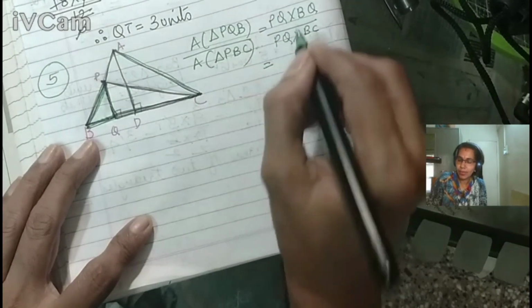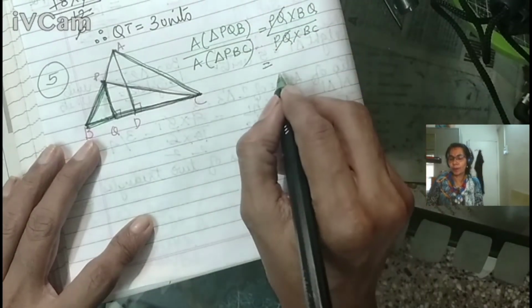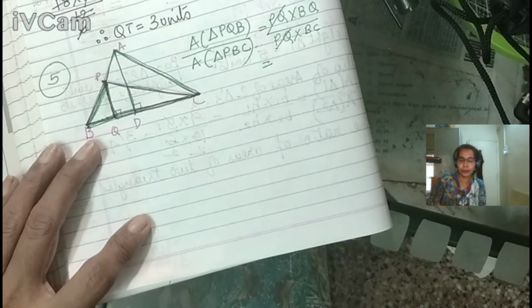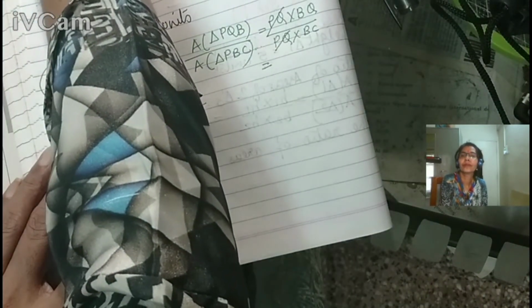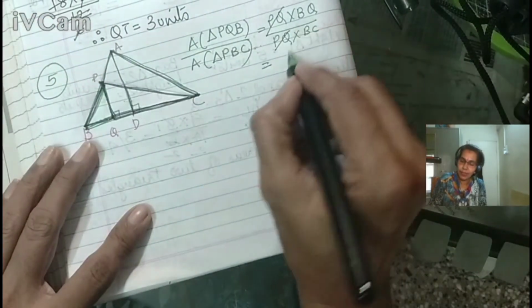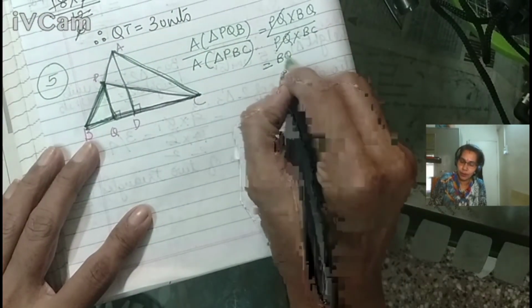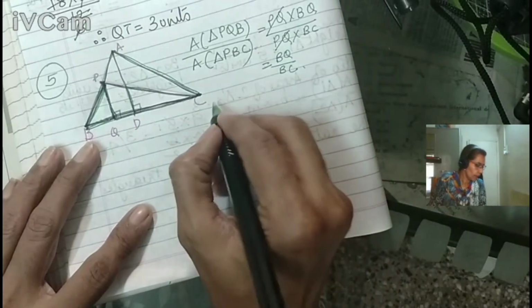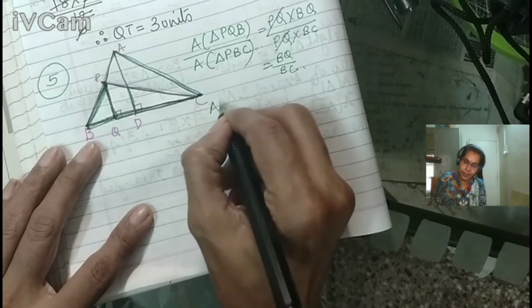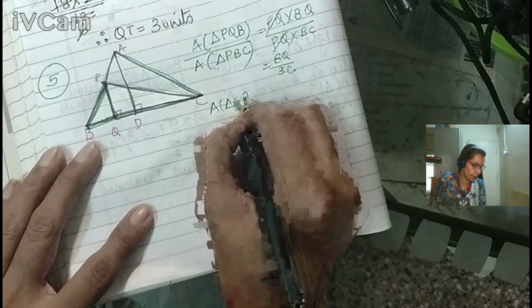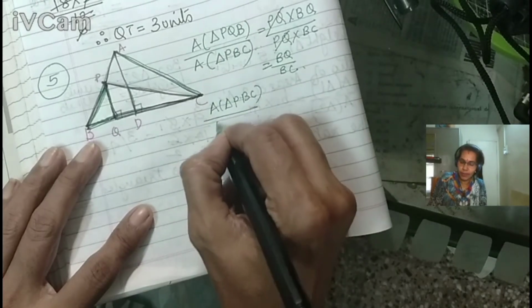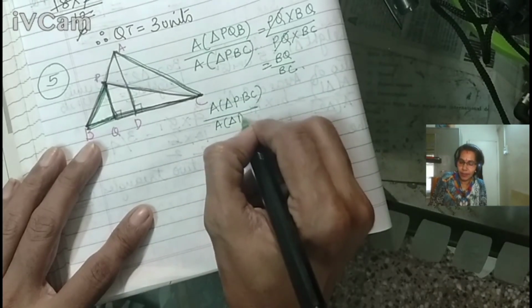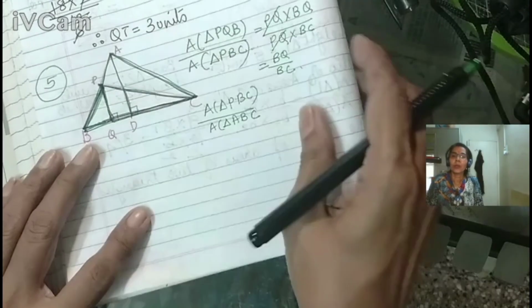So you understood that PQ gets cancelled. And we have it as equal to BQ upon BC. Similarly, you can find out area of triangle PBC upon area of triangle ABC.